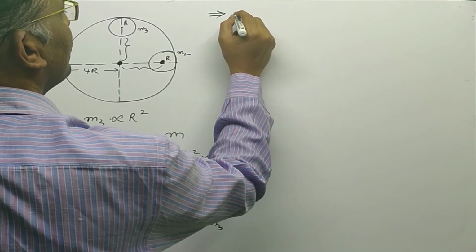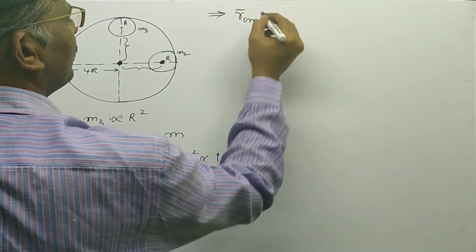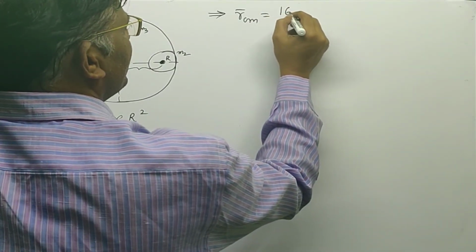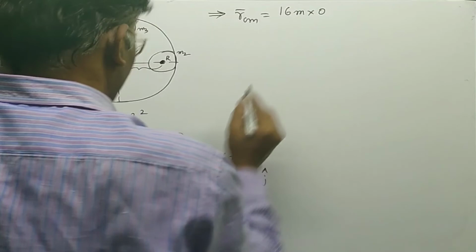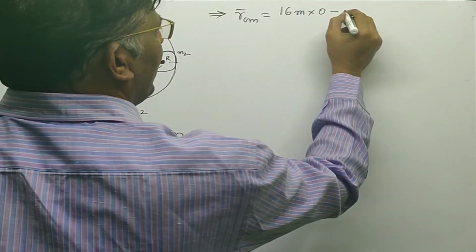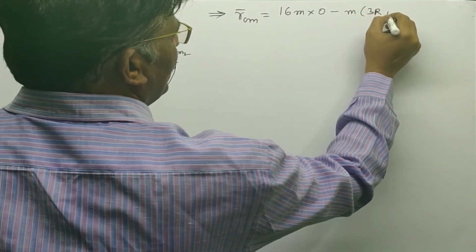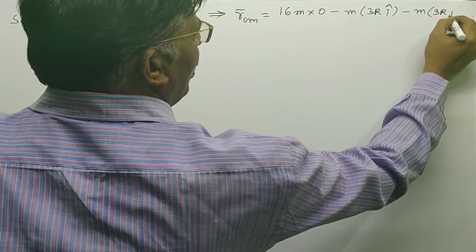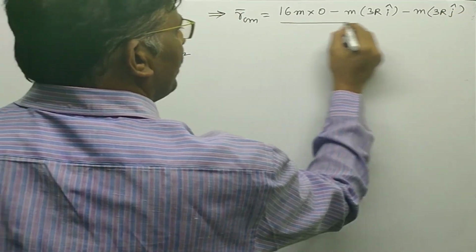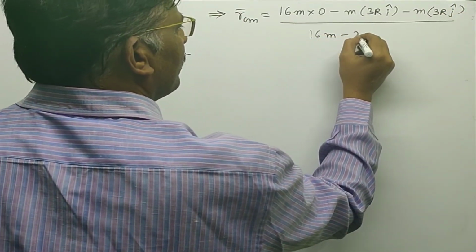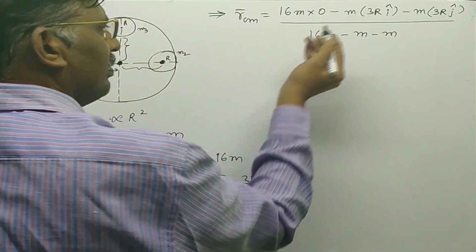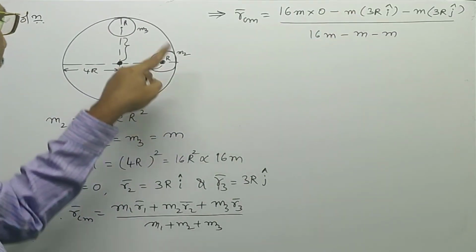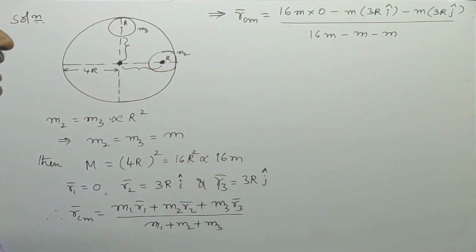That implies RCM bar, the position of the new center of mass, can be written as 16m into 0, because r1 bar is equal to 0, minus m into 3r into i cap minus m into 3r into j cap, divided by 16m minus m minus m. Why should we take the minus sign here? The minus sign indicates that that amount of mass is removed. That is the meaning of the negative sign.